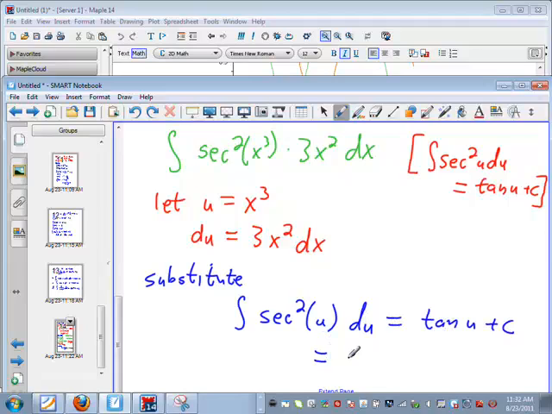There's no reason to stop at writing this u here. u is x cubed. This is tangent of x cubed plus a constant. Questions about this?